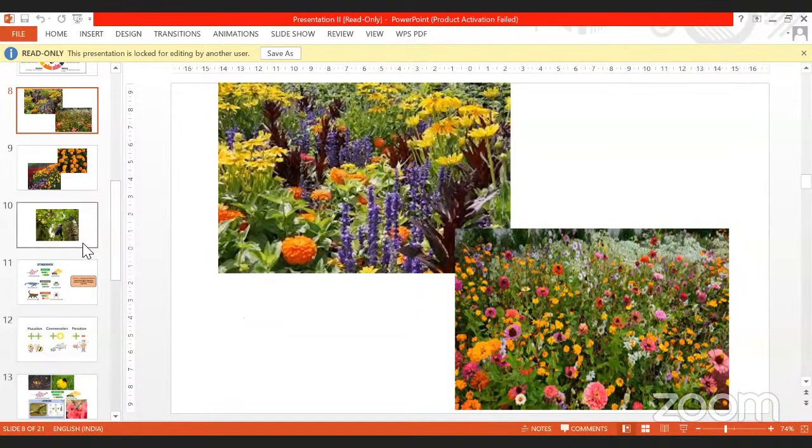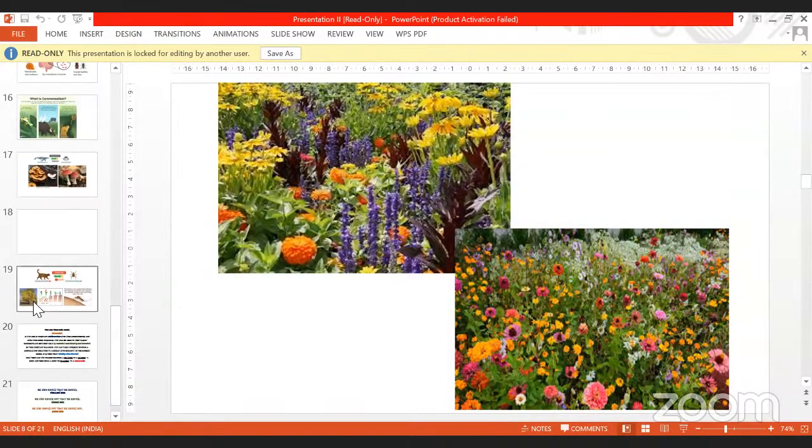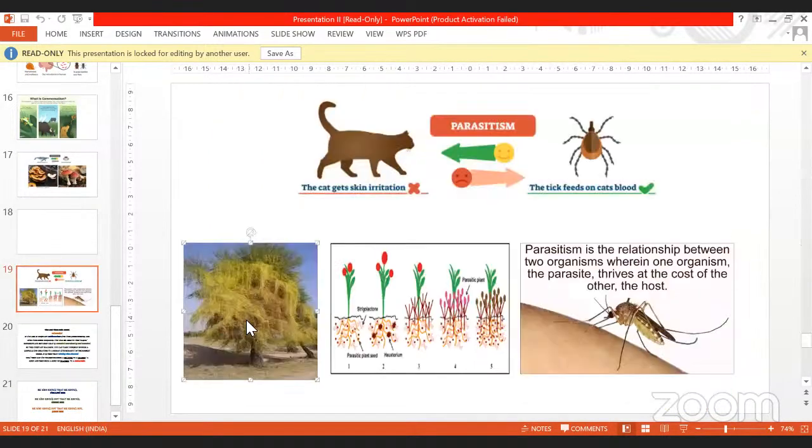But we could have cases where the picture could be something like this, where to a layman, this may just look like another beautiful tree. But here actually what is happening is this weed has encroached upon the tree and is parasitic.